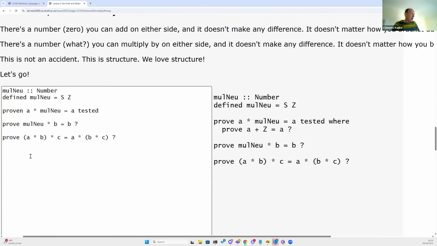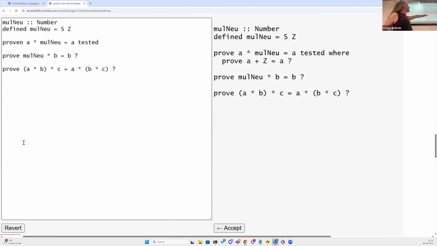In the multiplication box, it's now saying this will work if A plus 0 is A. Because we commented out the proof we did earlier, Lean doesn't know that anymore. We deleted part of its brain.